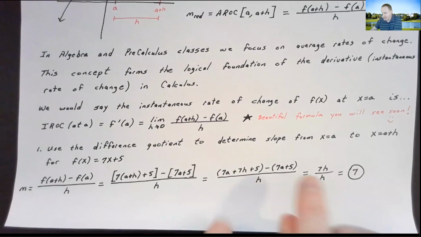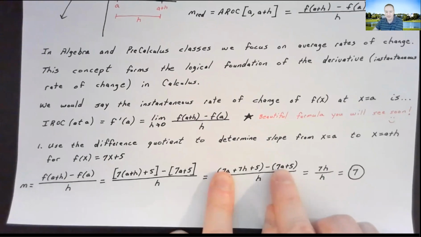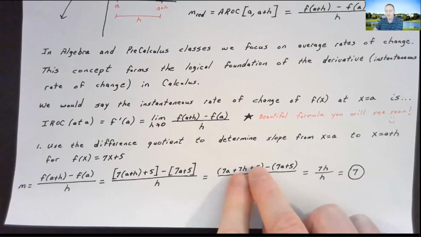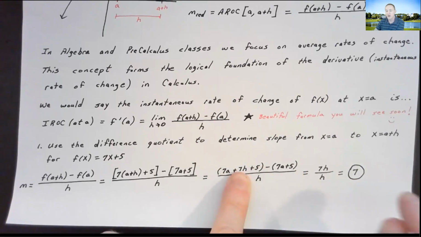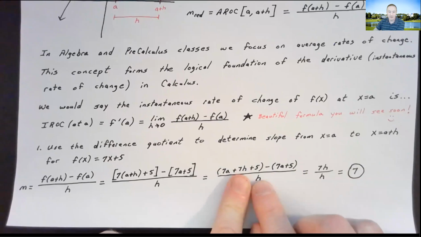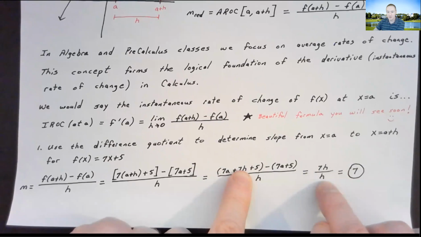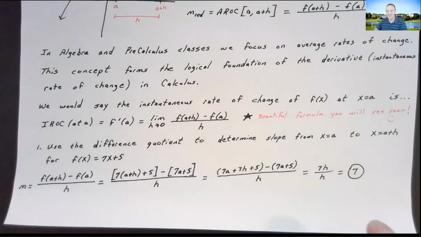So no surprise here. You can say, well, 7a minus 7a cancels, 5 minus 5 cancels. They will always cancel. And so you say, well, then the only term I have left in the numerator is the 7h. Well, I guarantee you, you're always going to have terms left that have a factor of h. Why? Because that h in the denominator needs to cancel with the factor of h in the numerator. And you'll see, well, 7h over h, I can eliminate h and cancel out the h's here and get my overall slope of 7 for this problem.